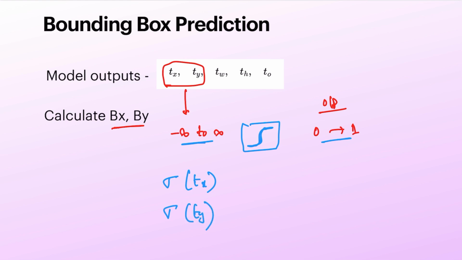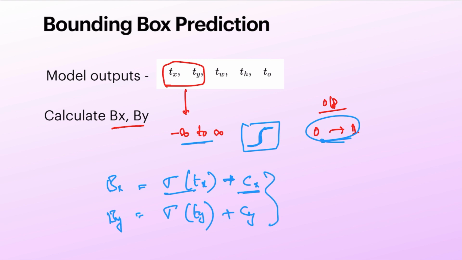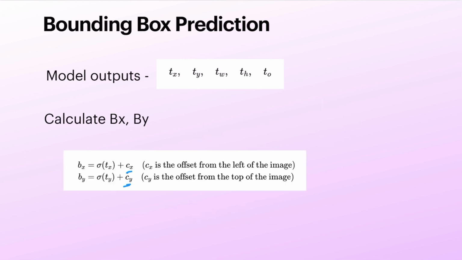These values we are getting. Now these values I will add to the top left corner cx and cy, which will give me my final values bx and by. Okay, so once I make these values between 0 and 1, I am adding that to the existing offset value. So this cx and cy are actually top left coordinates, right? That is what these equations are, cx and cy.